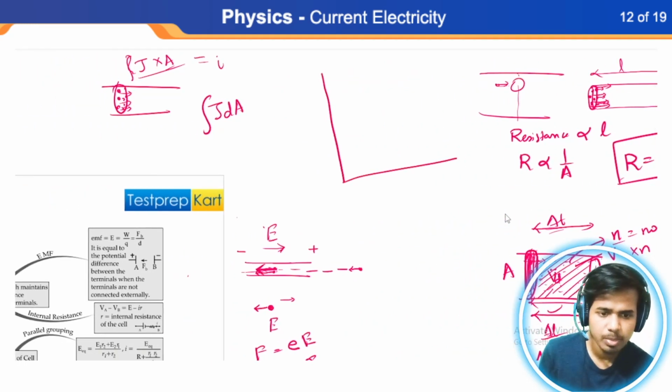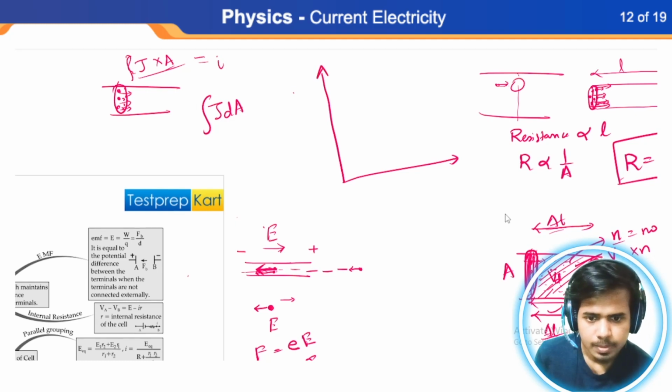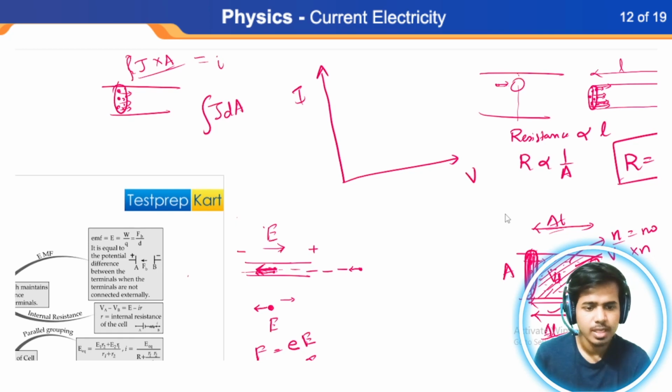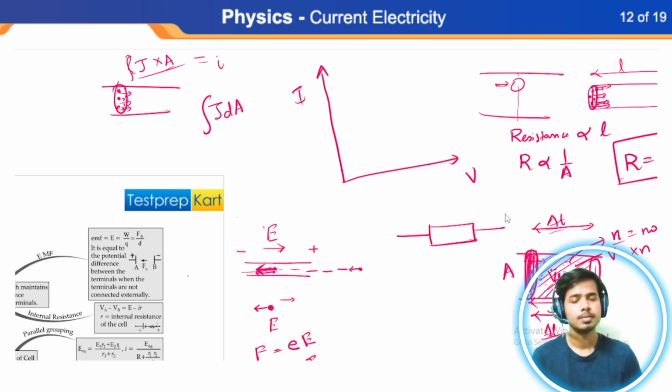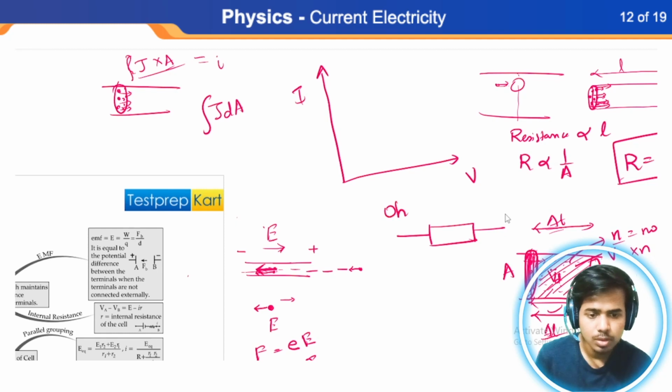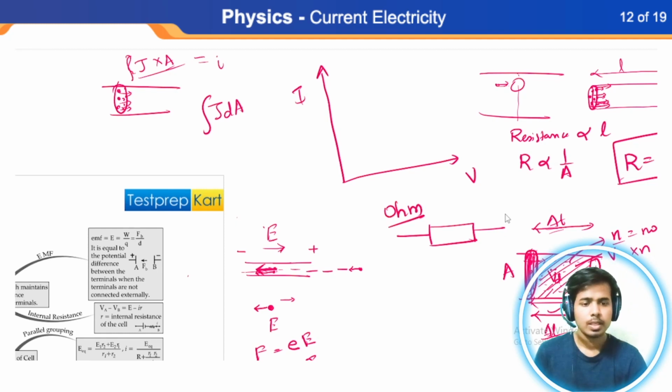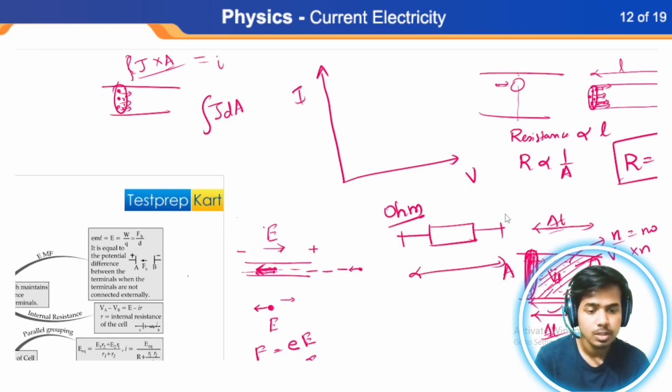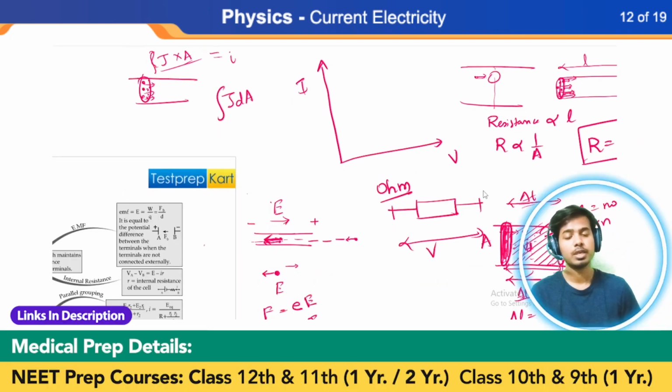So this experiment is, yes, I and V. So let's say there's this material or maybe heater, and there was this scientist called Ohm who conducted the experiment that if I give this particular amount of voltage, what is the current that is going to flow through this particular device.